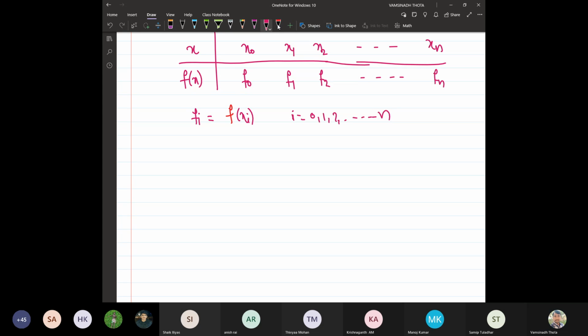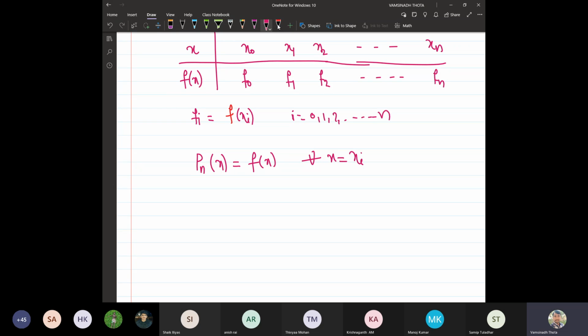And not only that, the interpolating polynomial Pn of x must satisfy the function values at all the nodal points. At all the nodal points, the function value and the polynomial value should be the same.